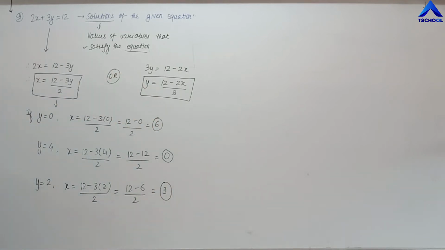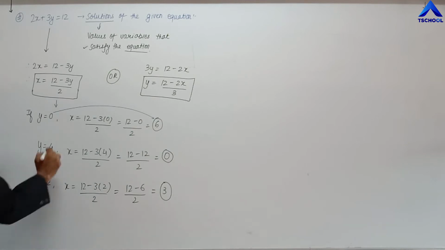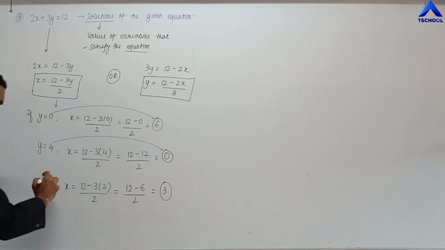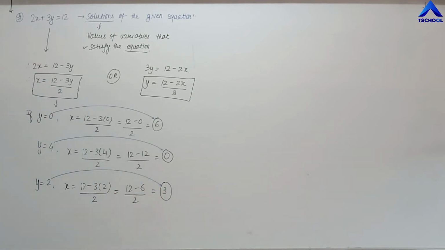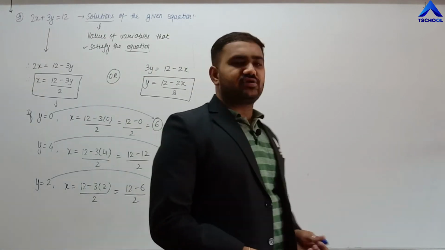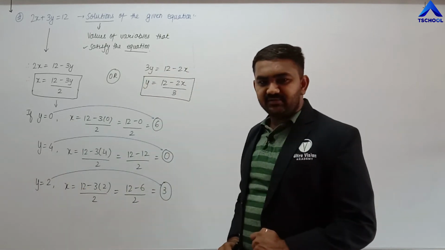So friends, you can see clearly that when I took y equals to 0, I got x equals to 6. When I took y equals to 4, I got x equals to 0. When I took y equals to 2, I got x equals to 3. You can also take negative values. It is not compulsory to take only the positive values of the variables.